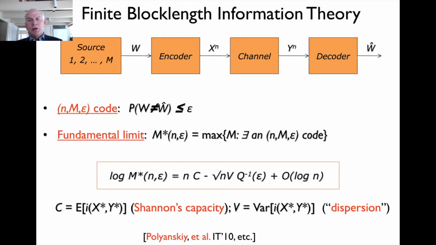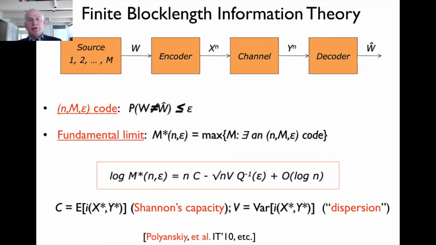So for such a channel, we're interested in (n, M, epsilon) codes, which is a code that for a given block length n, that is a given number of channel uses n, and a given source dimension M, can achieve a symbol error probability of no more than epsilon. So any encoder-decoder pair that can achieve that is an (n, M, epsilon) code.